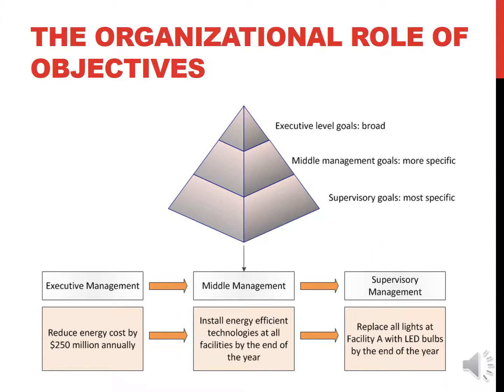Now, the risk here is getting into something called management by objectives. That has proven to not be an effective way to run an organization, because systems tend to proliferate, and you get hundreds and hundreds of objectives.